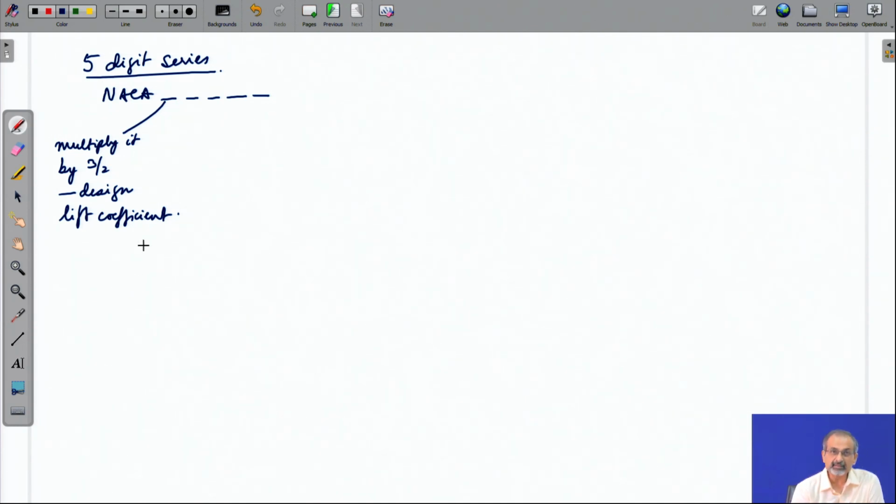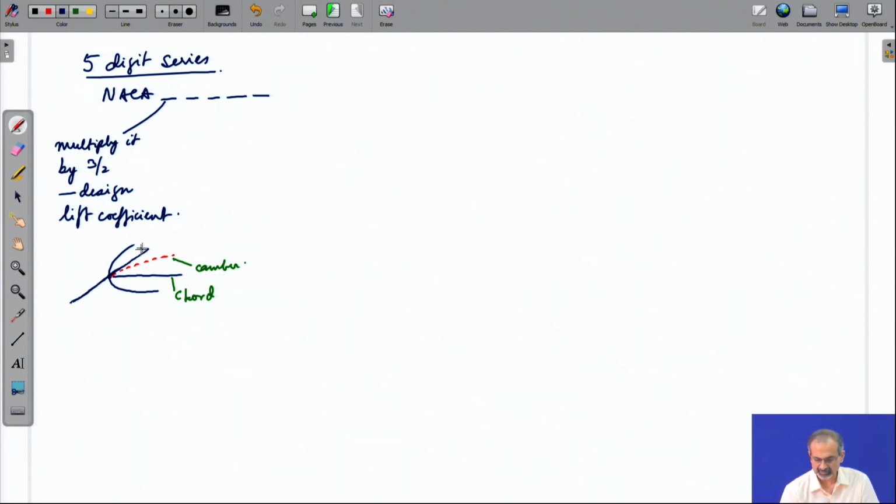For understanding the design lift coefficient, we will make a very small sketch over here. We are just looking at the leading edge of a cambered airfoil. So, this is your chord line, this is your camber line, and what you are doing is looking at the slope of the camber line at the leading edge.